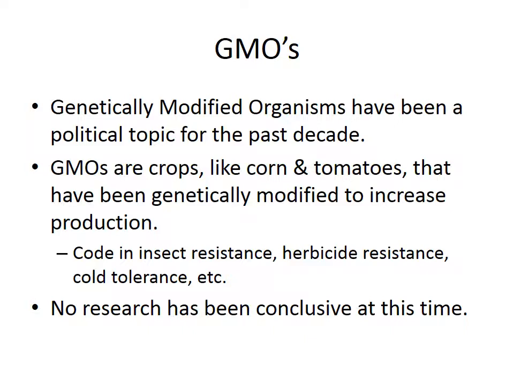No research has been conclusive on whether there's any harm from genetically modified organisms. There's nothing so far to show that it should be something we're concerned with. But we also didn't know that cigarettes were dangerous for over 100 years. That didn't come out until the 50s. You could try and speed up growth, yes.